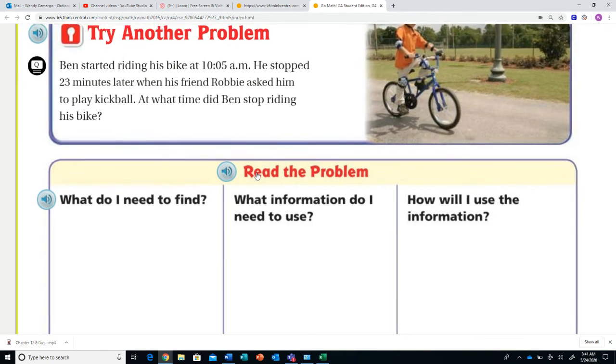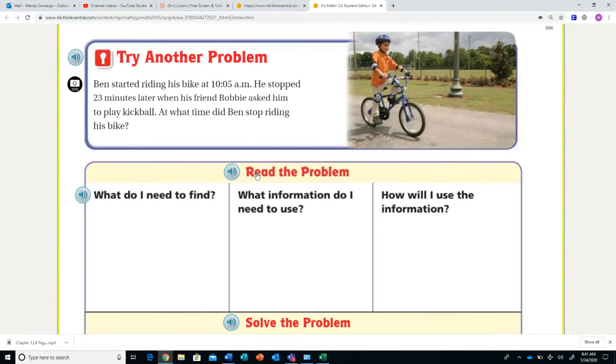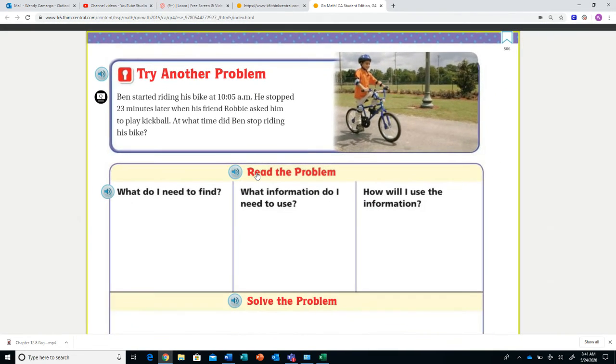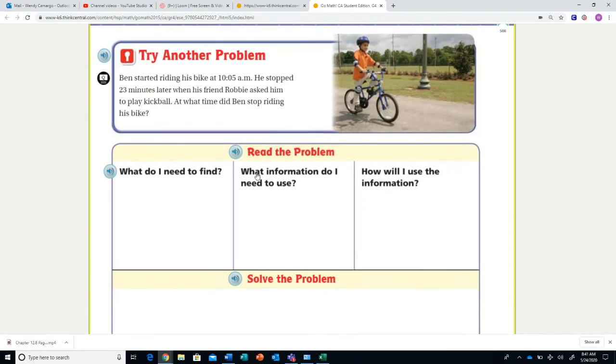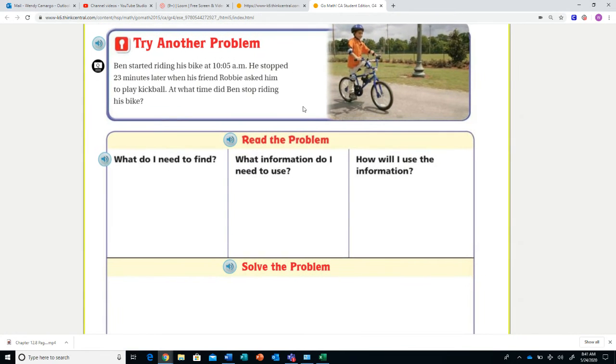So I need to find when he stopped. What information do I need? I need to use the start time and how long he rode his bike. And what am I going to do? I'm basically going to add 23 minutes to 10:05.